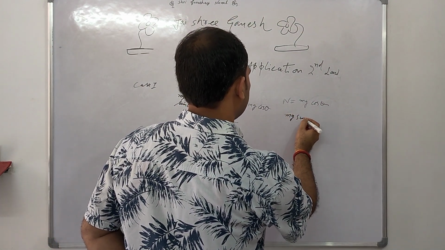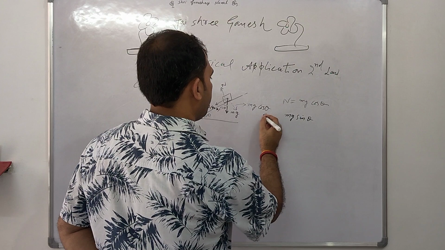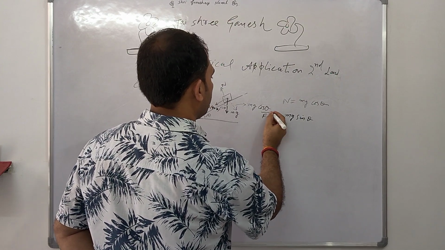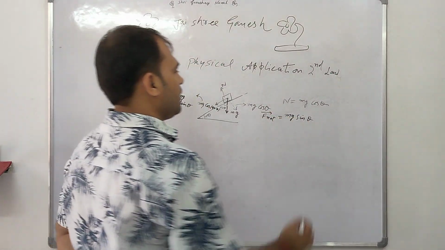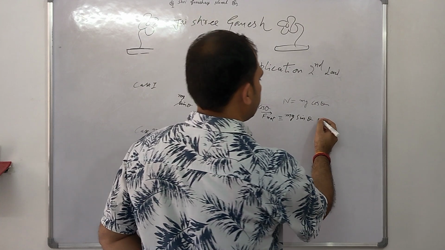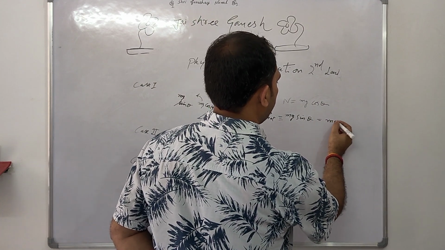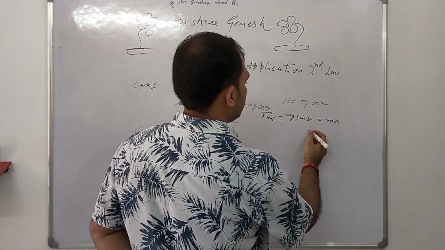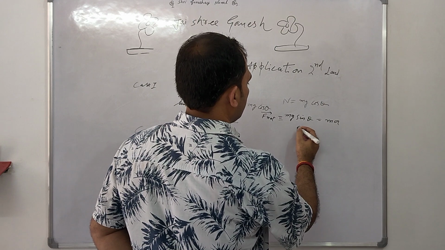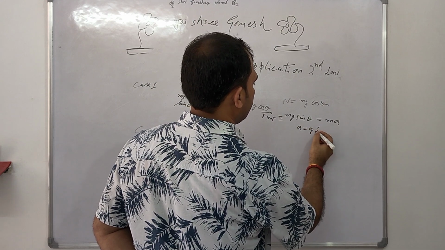Mg sin theta will be the net force on the body, so this will decide the acceleration of the body, ma. So a will be equal to g sin theta.